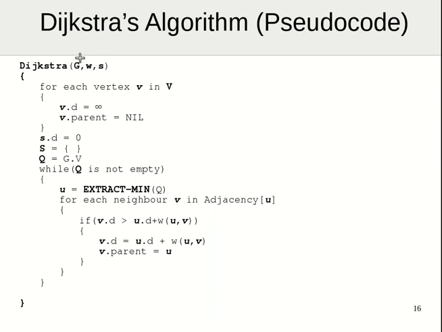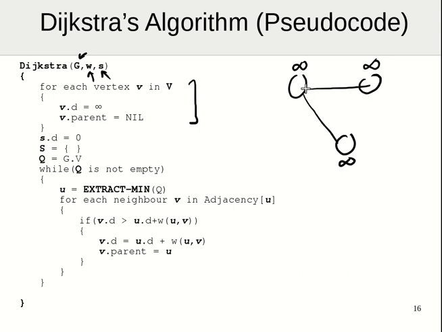So given a graph G, a set of weights W and the source S. What we do initially is, for all the nodes, we'll mark the distance as infinity, right? And the parent of each node we do not know. So let's say the parent is marked as nil.